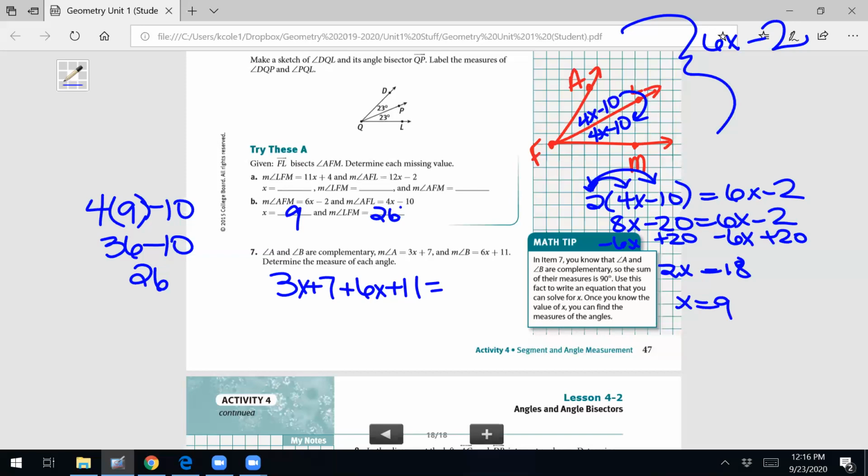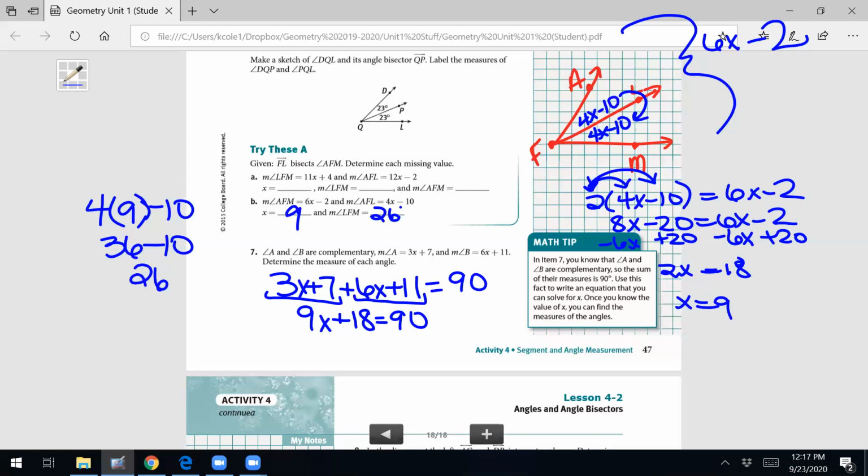They have to equal 90 because they're complementary. So you take each of the angles, add the angles together, set them equal to 90. So how many x's do we have? And 7 plus 11 is 18. Good job. Y'all are killing me.